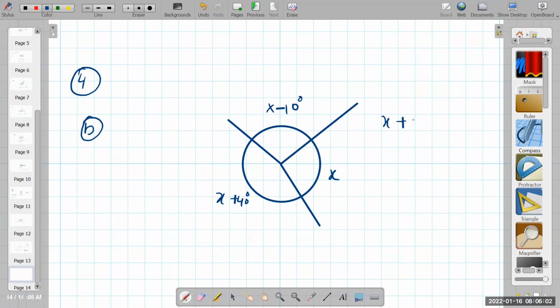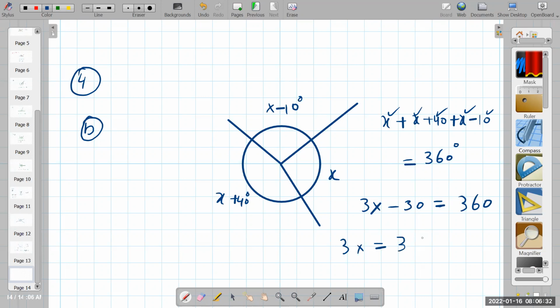X plus 40 plus X minus 10 equals 360. So X plus X equals 2X, plus X is 3X. 40 minus 10 equals 30. So 3X plus 30 equals 360. Now this 30 goes to the other side; here minus, other side plus.